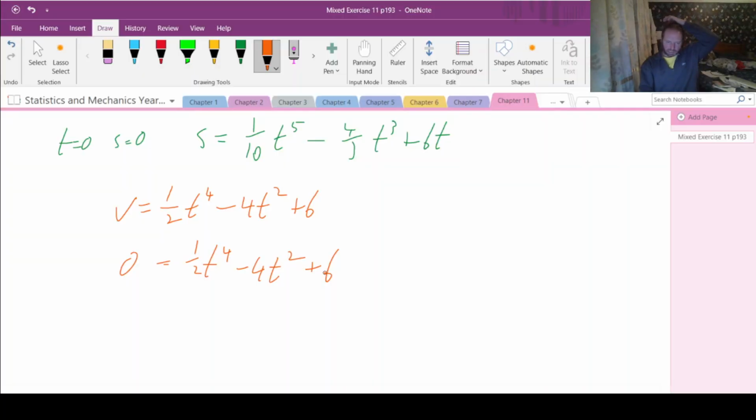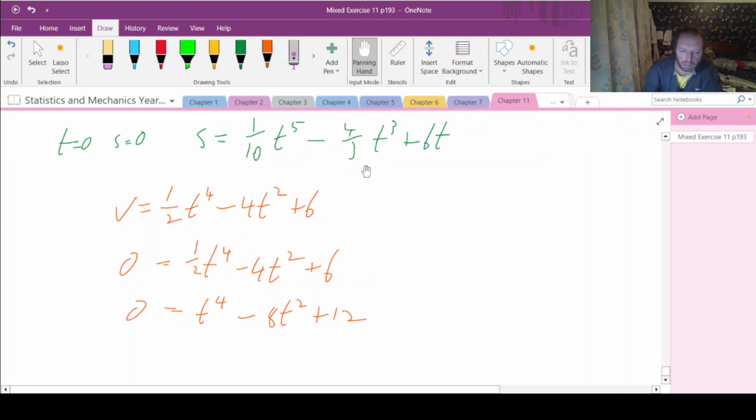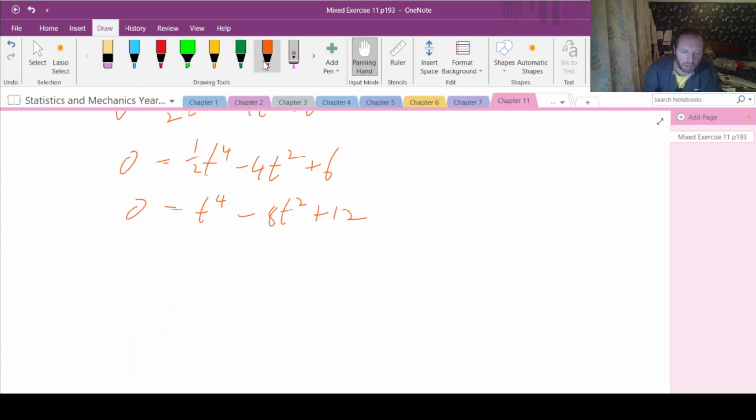We could look at dividing it all by a half. So 0 equals t to the 4 minus 8t squared plus 12, just to make the numbers a bit more whole.